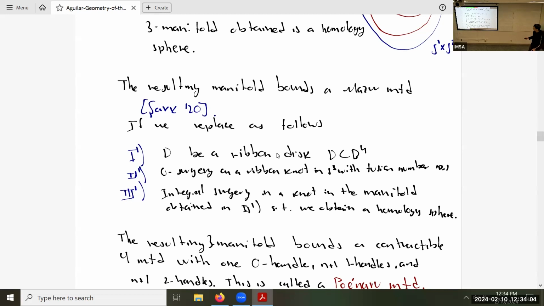But this time, this number that we call fusion number here will be relevant, and you will end up with a manifold with 1 0 handle, n plus 1 1 handles, and n plus 1 2 handles. So we will call this a Poincaré manifold.